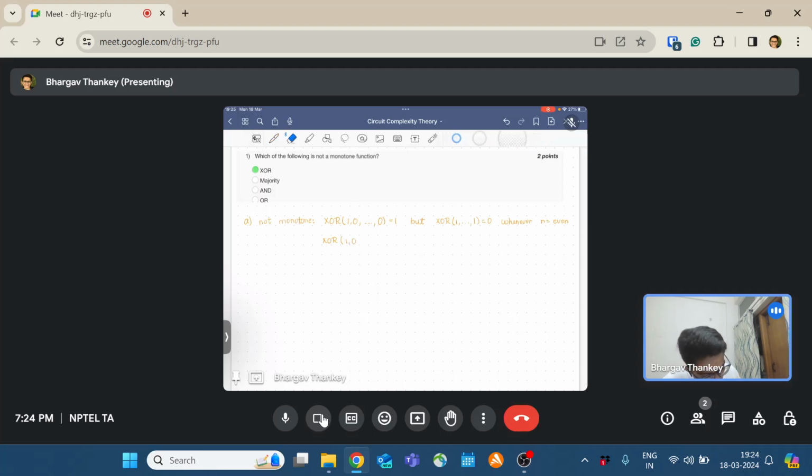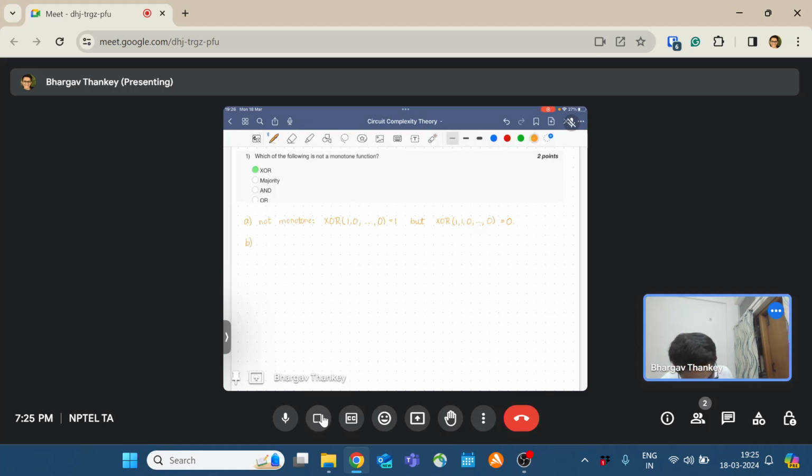XOR of 1 followed by all zeros is 1, but XOR of all ones is 0, even though this is the largest string, so this is not monotone.